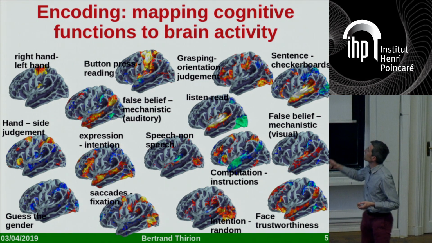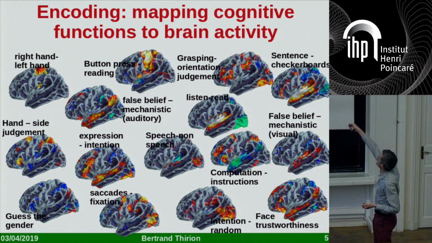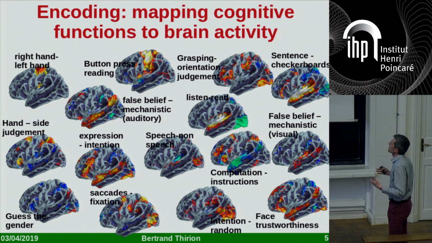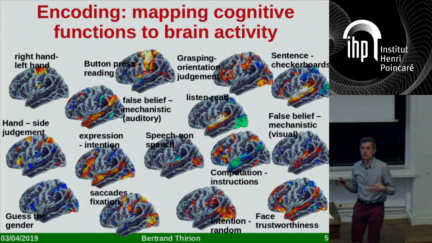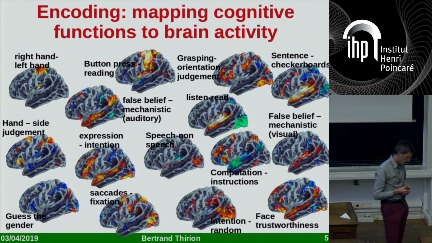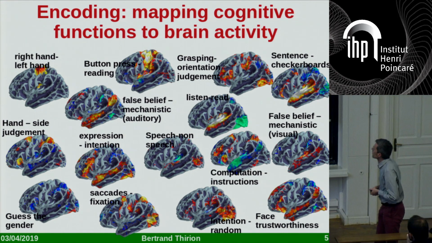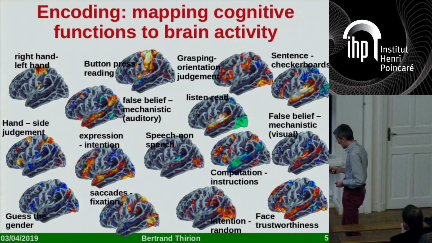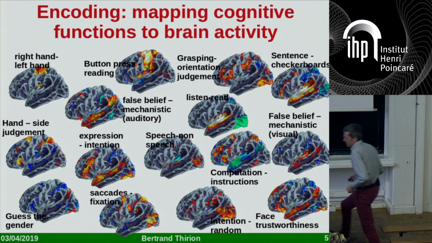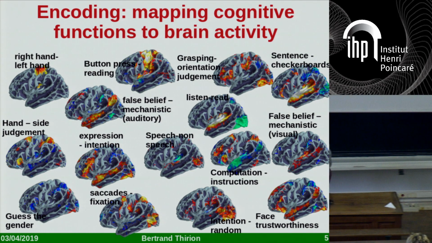For each of these contrasts, which I describe here with terms, you have a corresponding colored brain map, which tells you which brain regions are involved in the task somehow. This is an average over 80 subjects, so it looks pretty nice overall, but remember that for each unique subject that you would scan, the images would be very noisy. This does not work well.